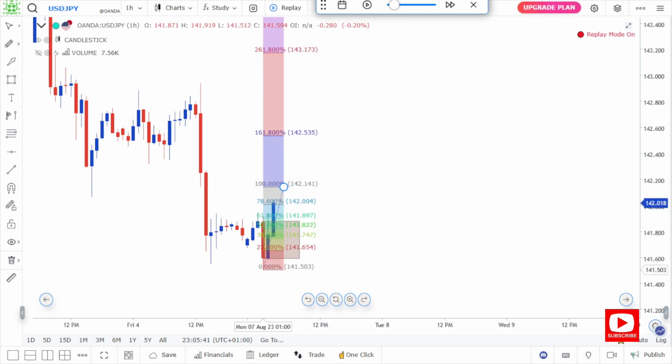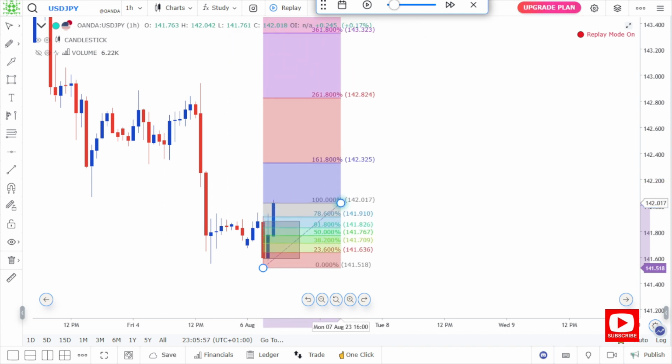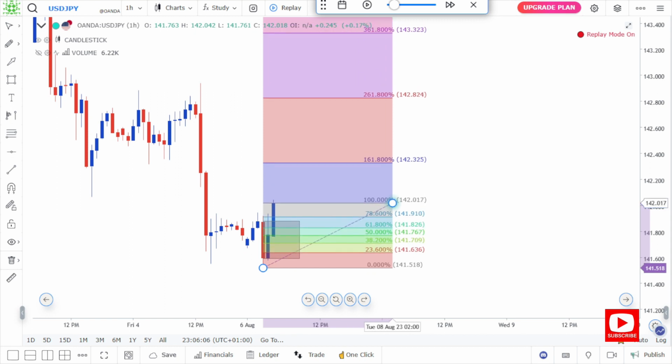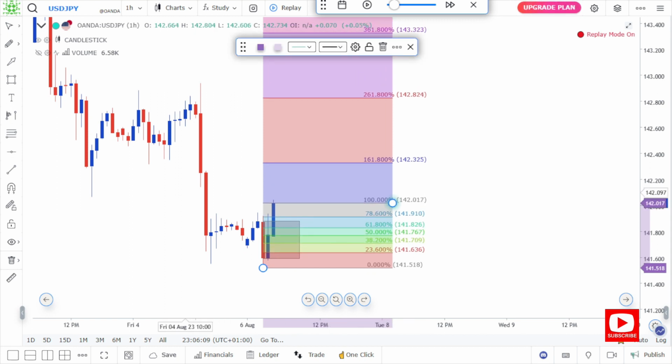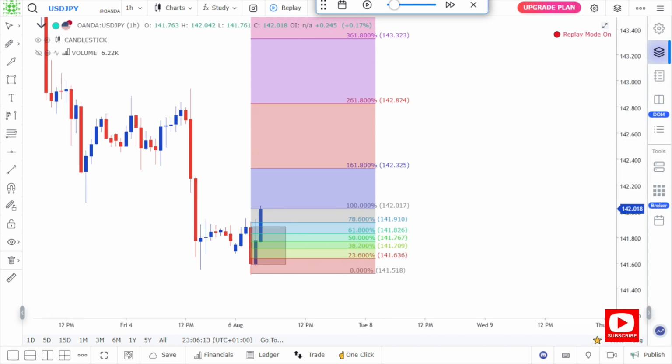The 0 point should be at the wick, the lowest wick entirely of the dominant candle break formation, and the 100 level should be at the body of the last candle that broke and closed above the bearish candle. Now, right here we can see the Fibonacci has given us certain levels which we have to obey when trading using this strategy.